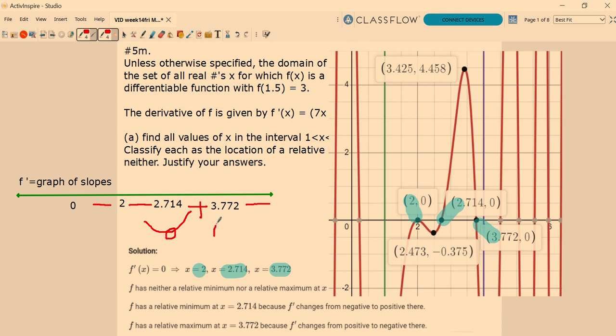And when your slopes change from positive to negative, you have a maximum. And that is why you have a minimum at 2.714, and a maximum at 3.772. And that's part A. Part B and C, pretty easy stuff.